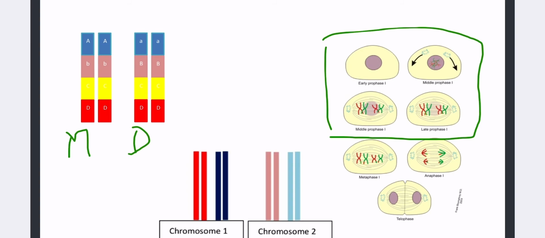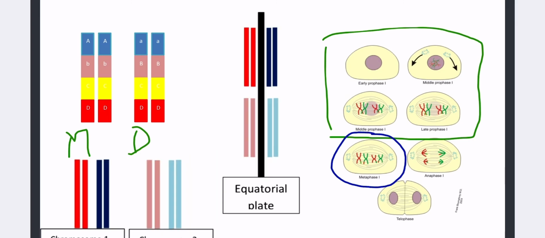But what can happen when they are lining up during metaphase with this equatorial plate in place is that they can line up in a few different ways. They can line up as shown here with mum's chromosome 1 on the left hand side and mum's chromosome 2 on the left hand side of the equatorial plate.